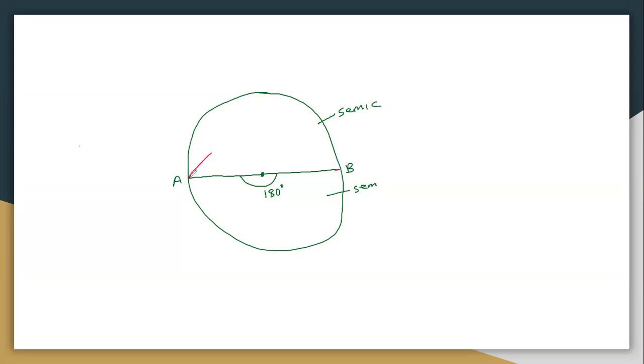So if I draw a line from here and I draw another line from B, can you tell me, relating to the property we have been dealing with, which angle do you think we shall be forming at that point? Okay, 90. Very good. Everyone is saying that that angle is going to be 90.